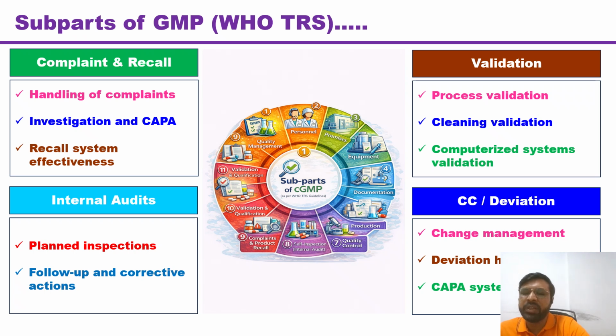It is called deviation. Deviation is like non-compliance. And when non-compliance is reported, we have to investigate it, and after investigation, we have to take a corrective action, and we have to monitor the corrective action effectiveness so that we can avoid the reoccurrence of that particular deviation.